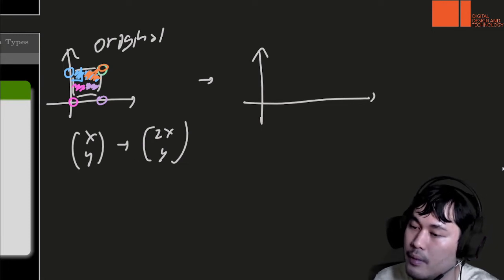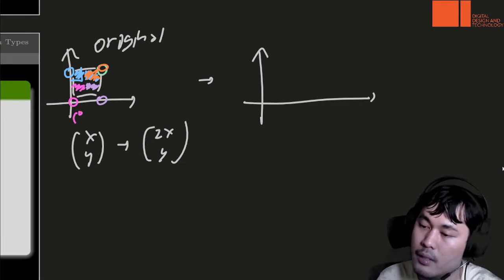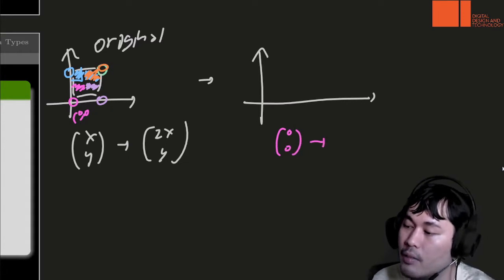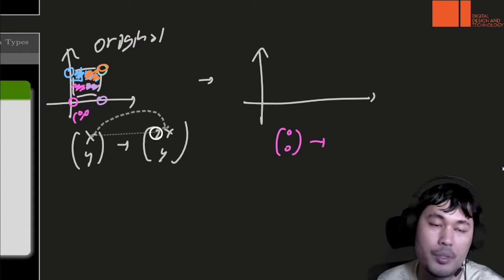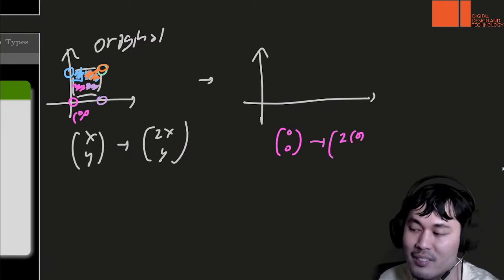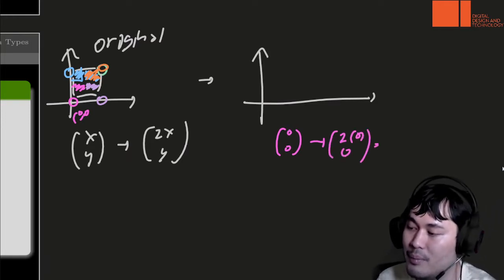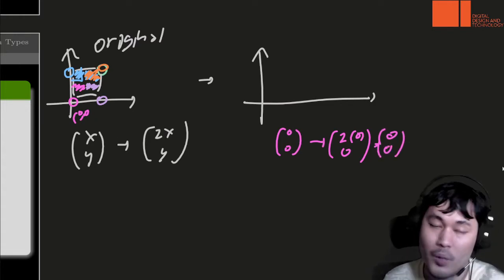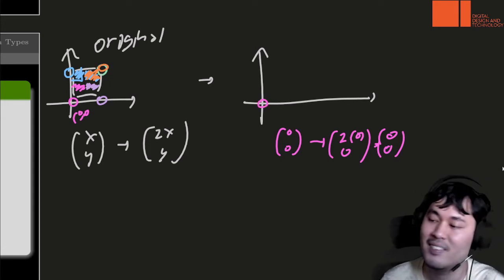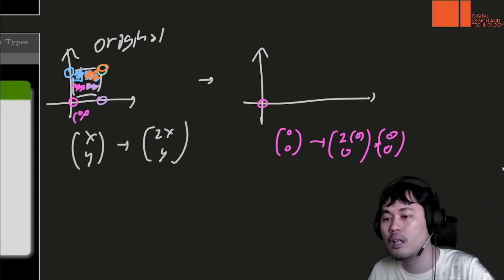If you think of the first point, 0, 0, or the first vector in this case, then if you do the math, x becomes 2 times x, so 0 becomes 2 times 0, and y is the same, so it's 0, 0. That means this transformation, whatever it is, keeps the origin intact, at the same place.